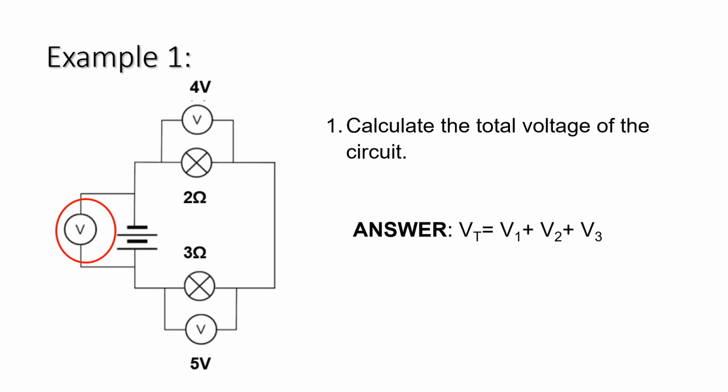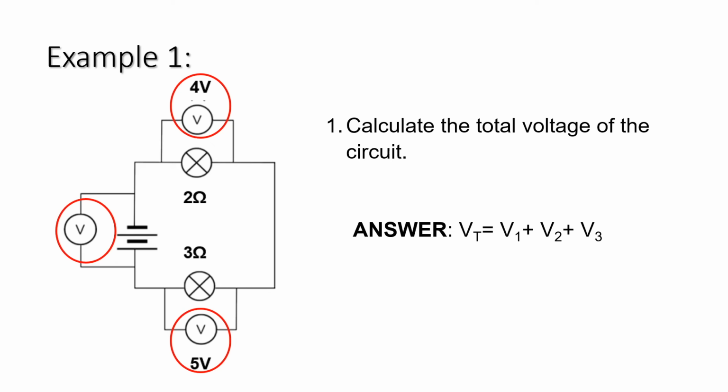Our formula is Vt is equal to V1 plus V2. We have a voltmeter reading at the top of our circuit and a voltmeter reading at the bottom of the circuit. So we will assume here that the bottom voltmeter is voltmeter reading 1 and the top voltmeter is voltmeter reading number 2.